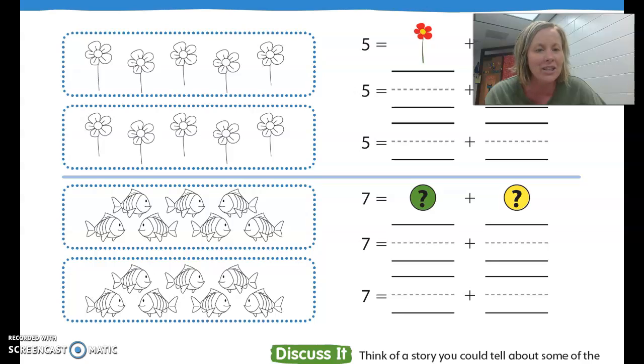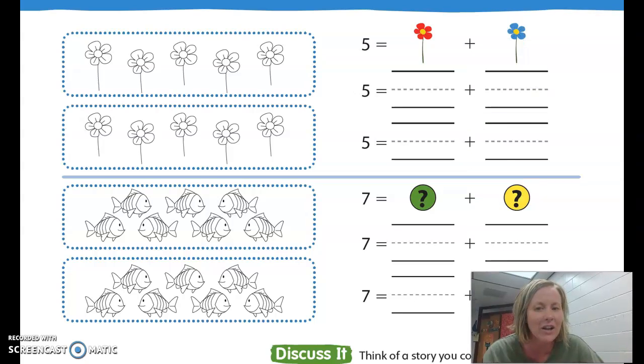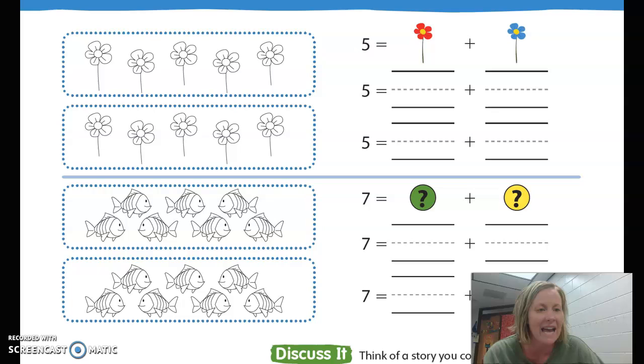Our page should look like this. So we're going to be looking at these flowers. Let's have our crayons out, because we want to color some pink and some blue. So I have 5. I'm going to color some pink. Now my coloring's not very great. It's kind of hard to color on here.